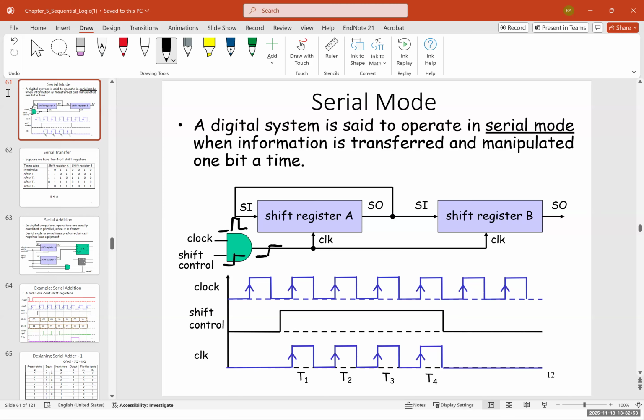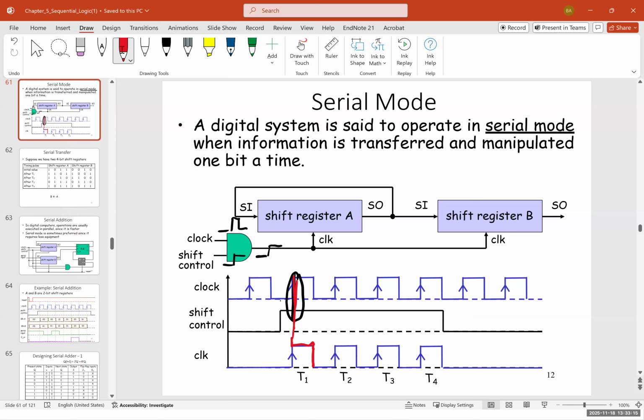So at this point, let me do it with a different color. At this point, the shift control is 1 and the clock is also 1. Therefore, the shift register clock T1 will go to 1.